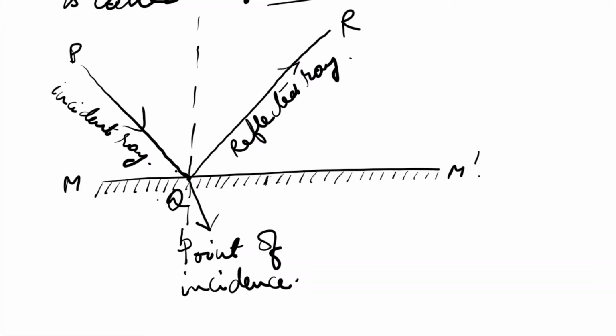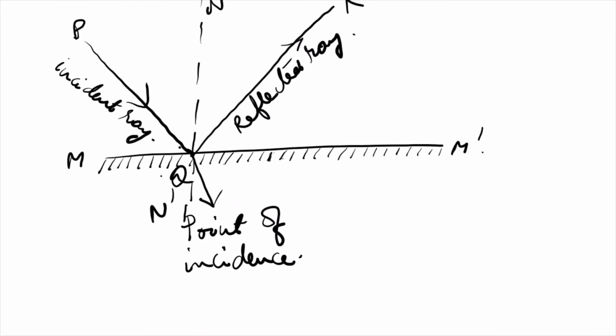We have imagined it for our understanding. So normal is a line drawn perpendicular to the surface of the mirror from the point of incidence. Let us name this normal N dash. N dash is the normal.